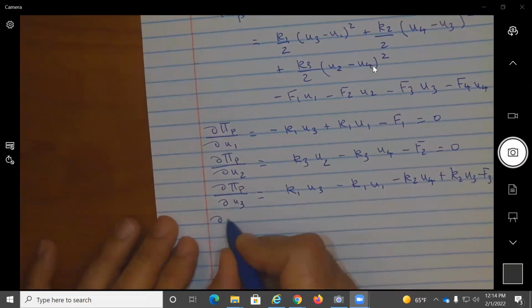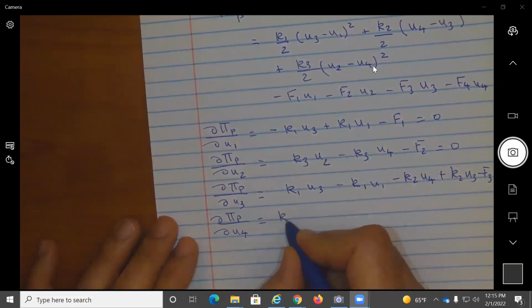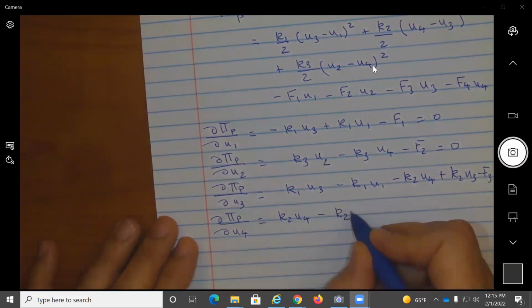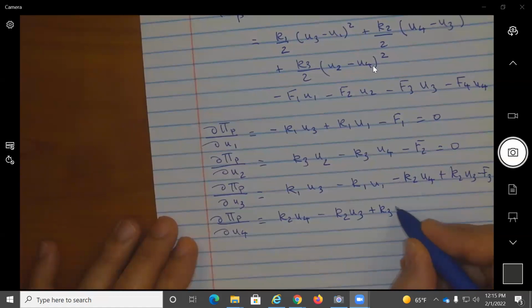And finally, d pi p by d u4 is equal to, I get a k2 u4 minus a k2 u3 plus k3 u4.